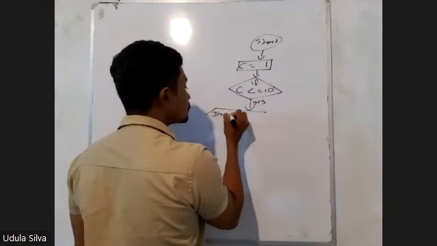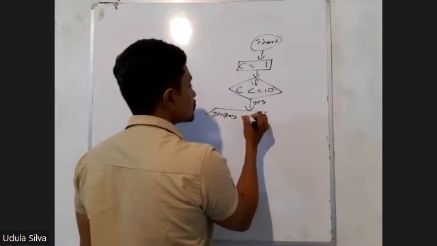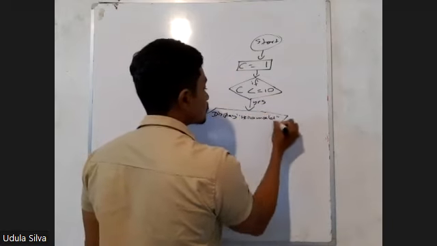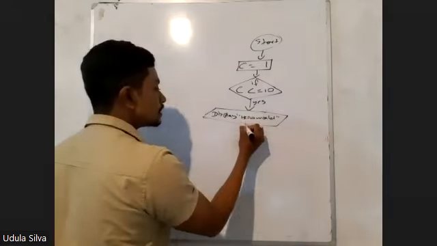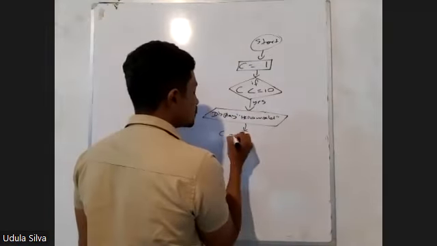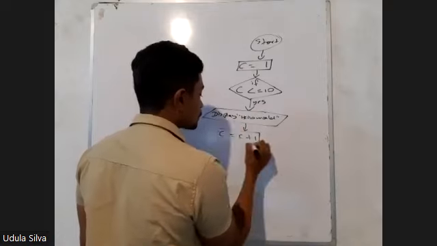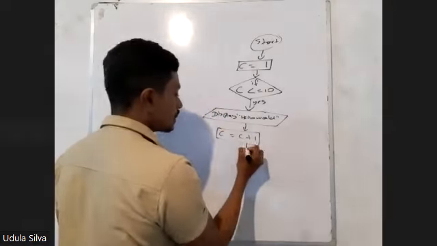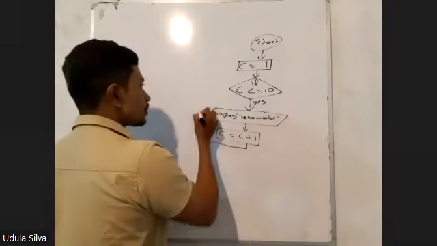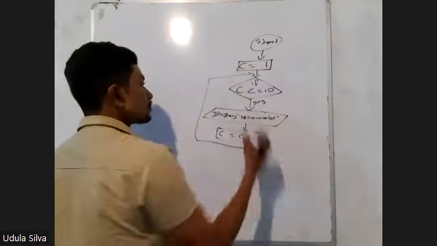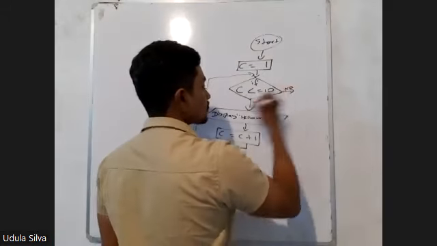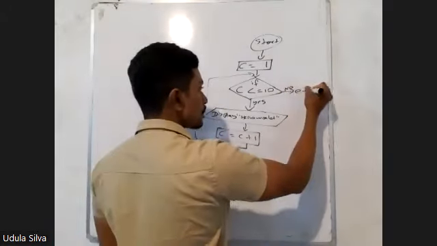Display hello world, and then add 1 to C: C equals C plus 1. Then we repeat this program. And no is what? When the condition fails, the program should end.